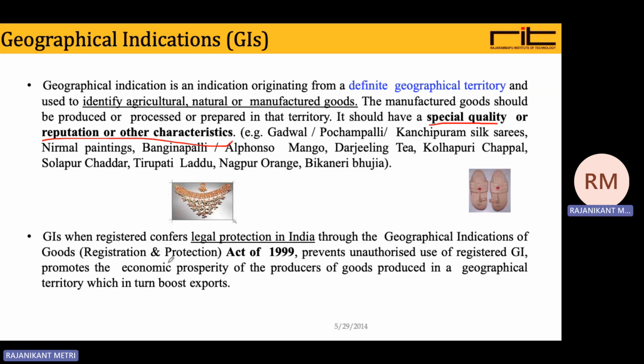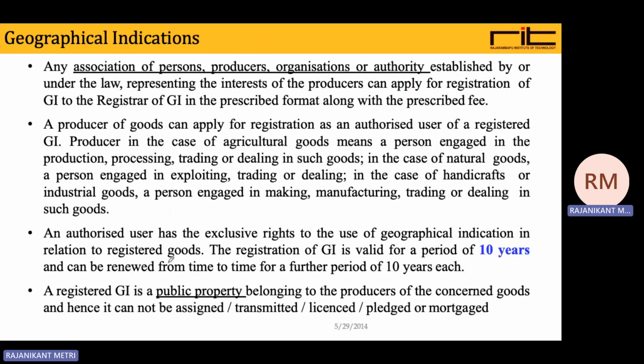Now, who can be the owner of these geographical indications? It may be any association of persons, producers, organizations or authority established by or under the law representing the interest of the producers, who can apply for registration.